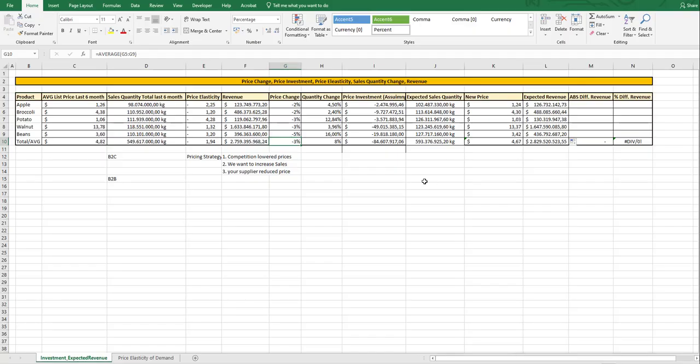So that is more. Let's see. Absolute difference equals this one minus the old revenue.